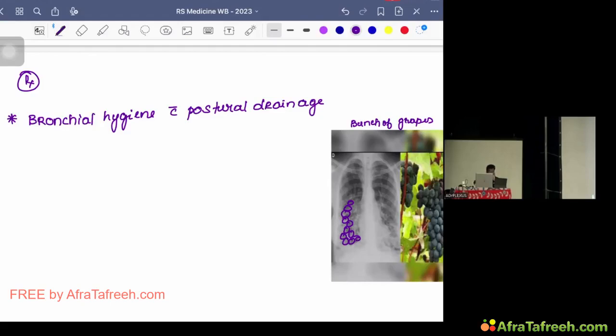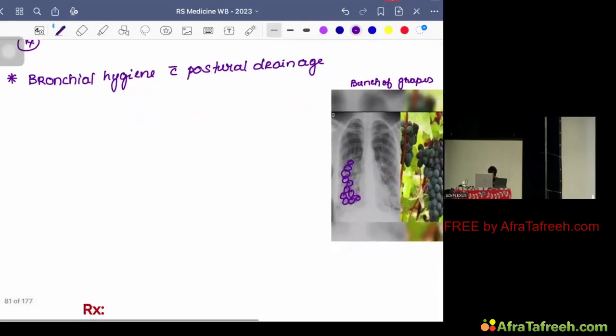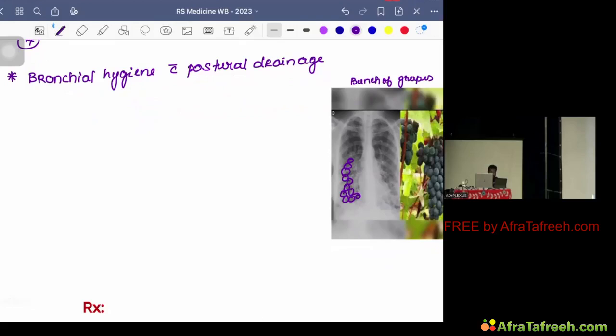Whenever there is an infection with hypoxia, that infection can cause microemboli, and these microemboli can result in clubbing. Whereas COPD is a chronic obstructive lung disease, it can also have clubbing whenever there is chronic hypoxia, but not in the early phase of COPD. In the late phase, you can develop clubbing. Even in tuberculosis, conventional teaching is clubbing is not seen, but clubbing is seen even in tuberculosis. Okay, so bronchial hygiene with proper postural drainage.